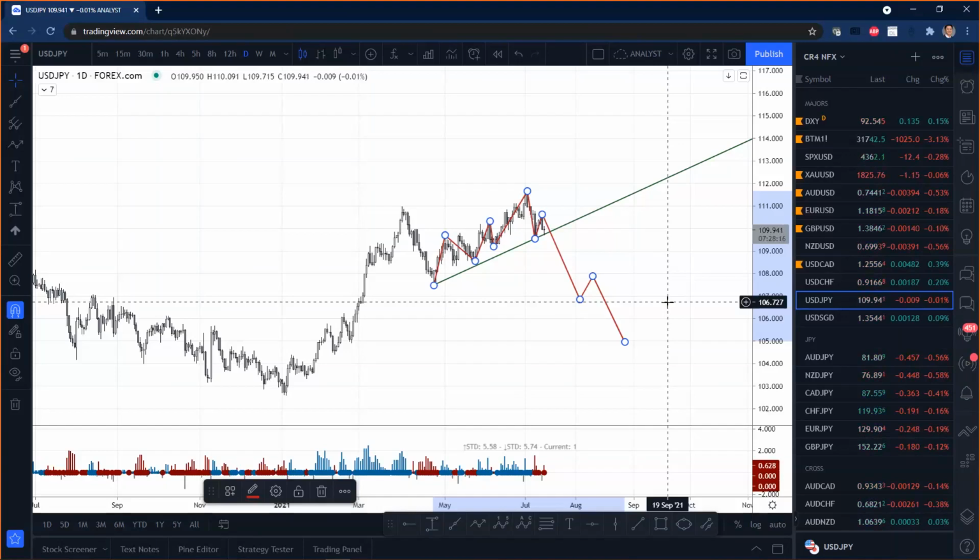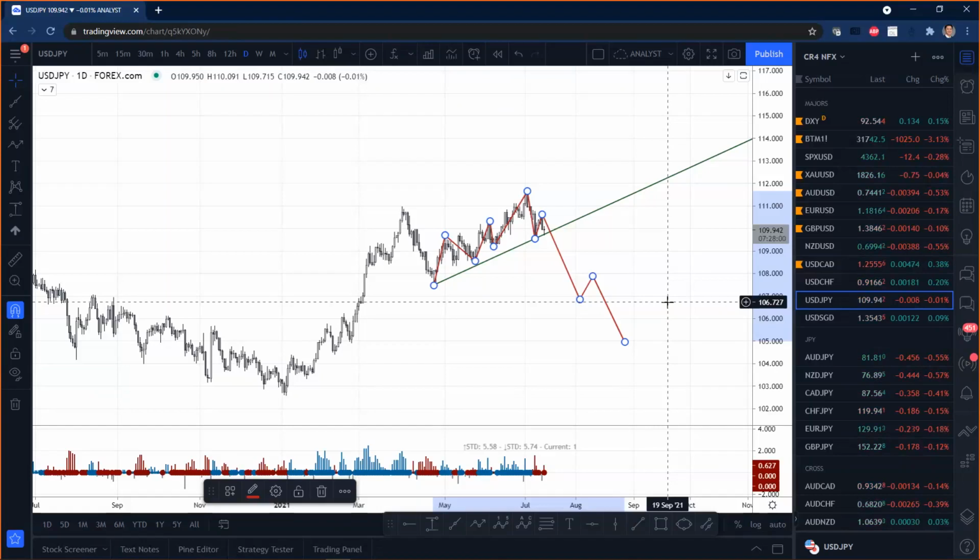Then of course you have the safe havens, which are the yen and the Swiss franc. So Swiss, as we know, is the European country known for being neutral.